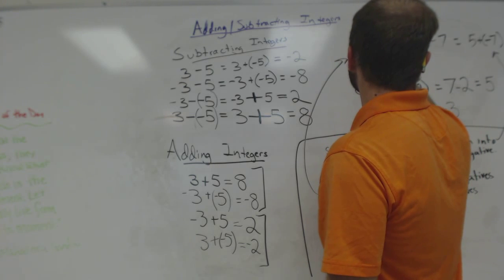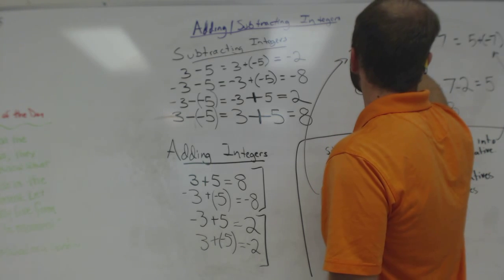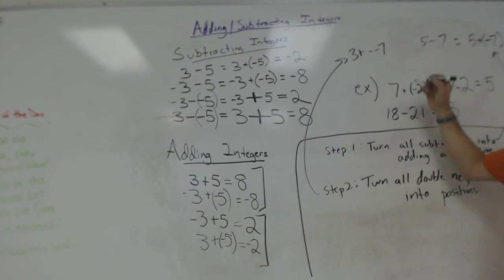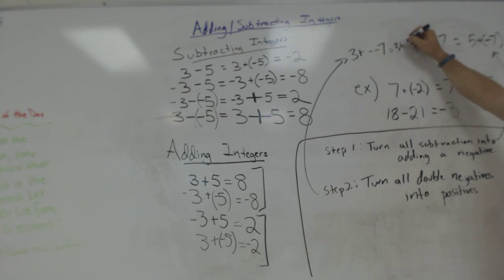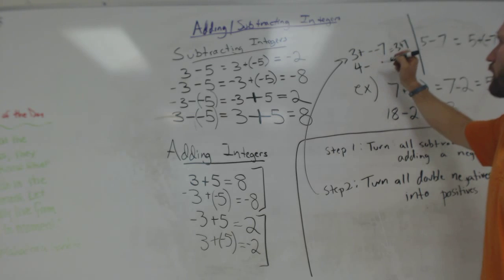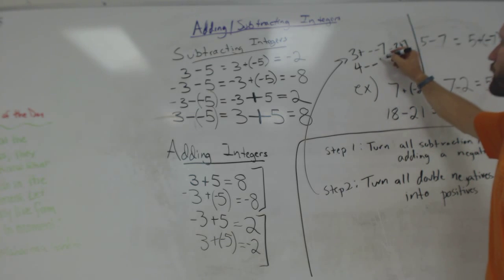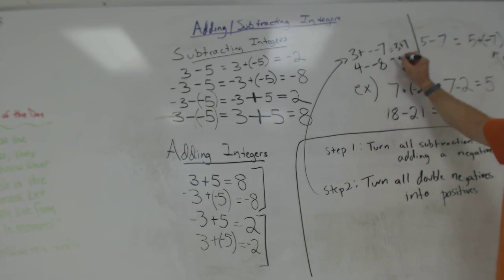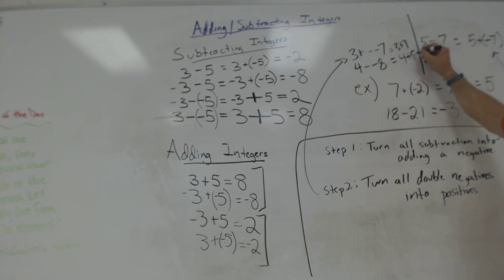If I had 3 plus negative negative 7, that's the same thing as 3 plus 7. Here's another example, except if you've already turned this into addition, this wouldn't happen. 4 minus negative 8 is the same thing as 4 plus 8. Okay? That's what I mean by step 2.